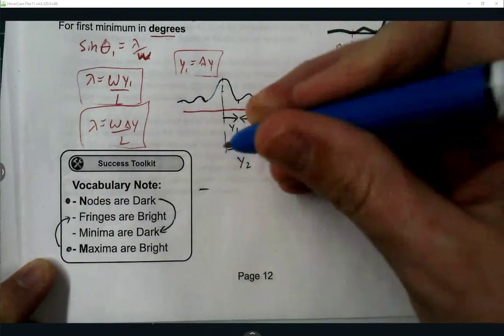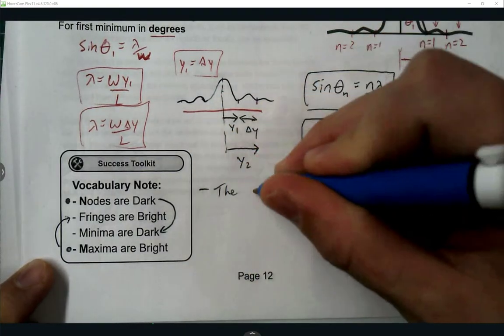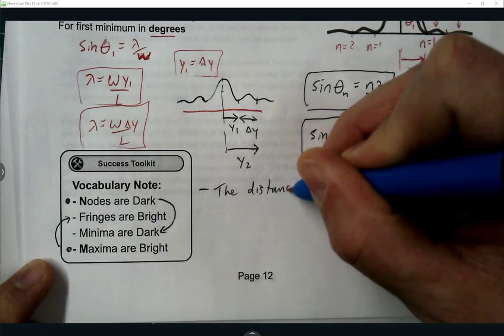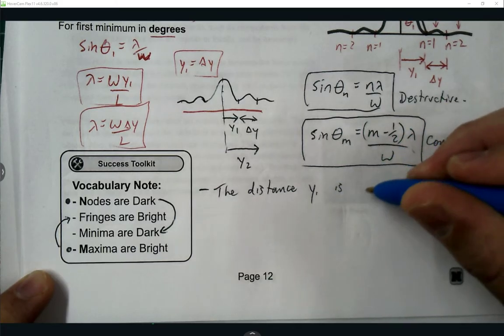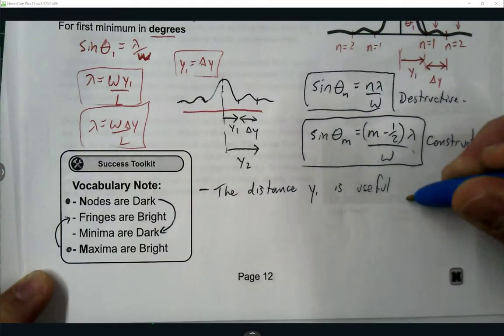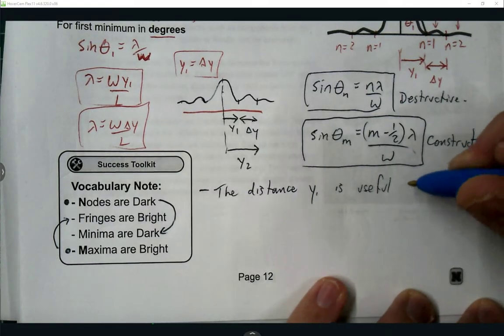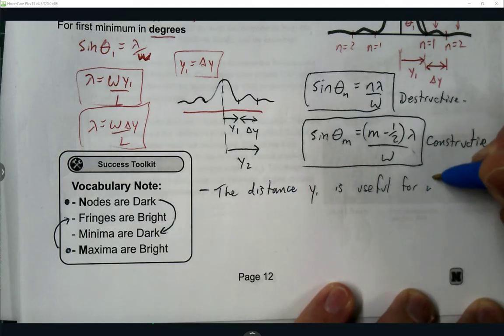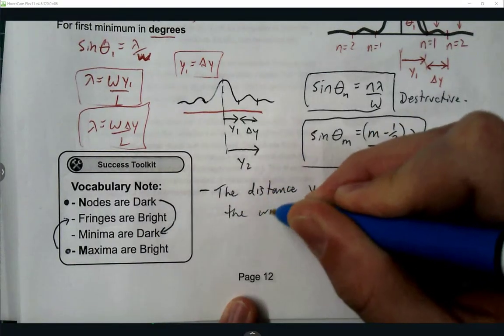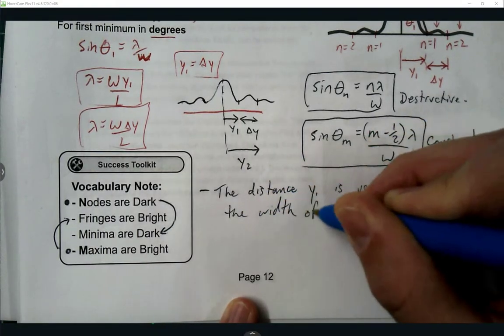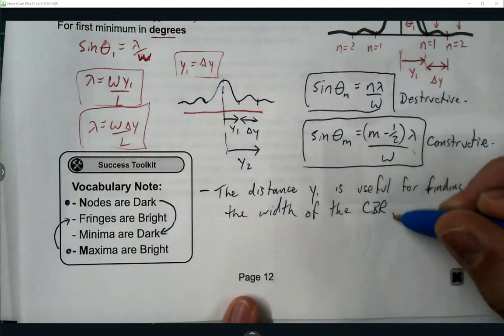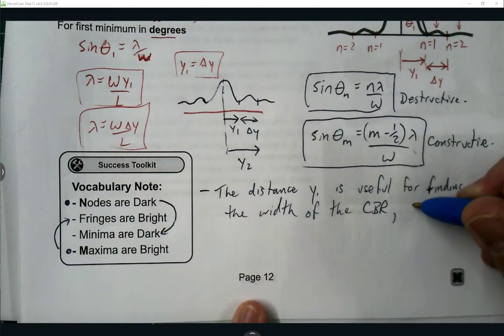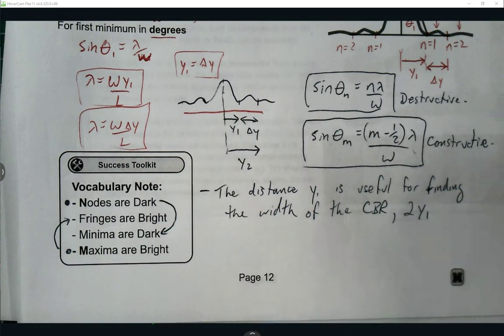All right, so the distance, y1, is useful for finding the width of the CBR. And that's because the width of the CBR is equal to 2 times y1.